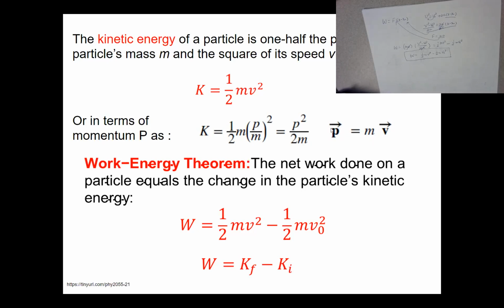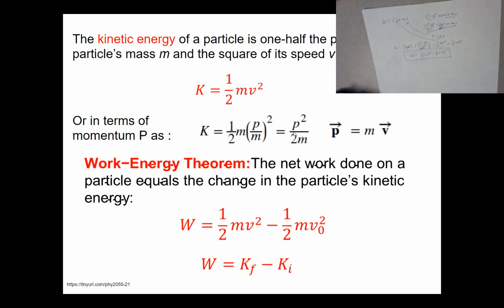Just in case you encounter this expression, kinetic energy is equal to p squared over 2m, where p is the momentum. It's the same thing. If you plug in p as mv, you get m squared v squared over 2m, which is 1/2 mv squared.